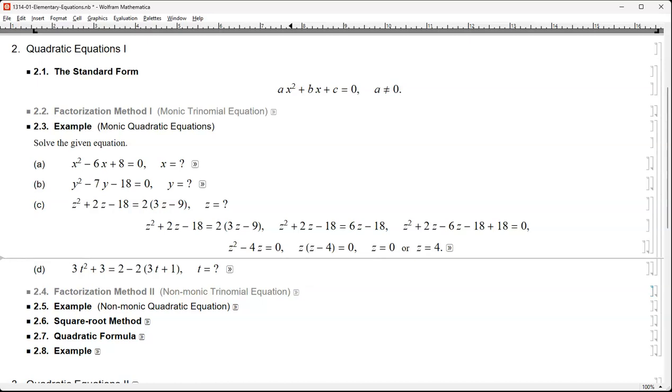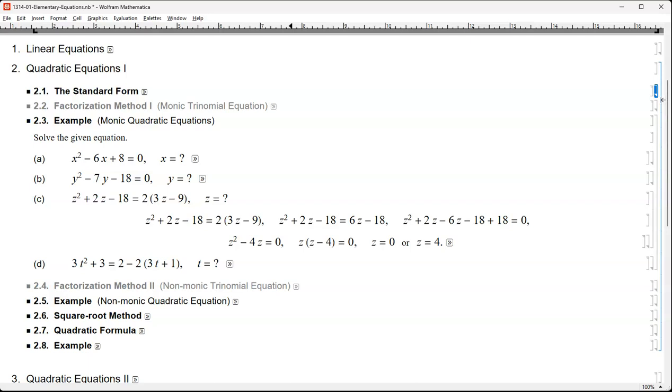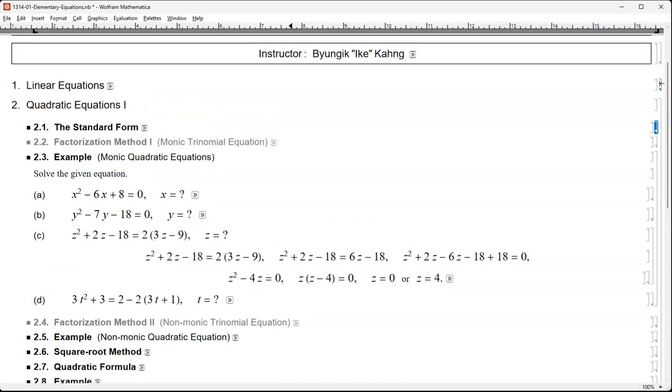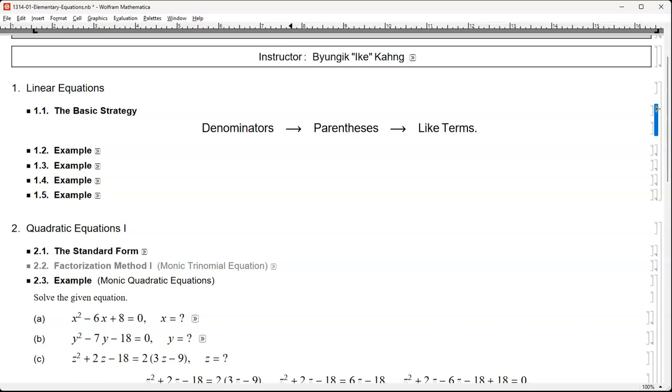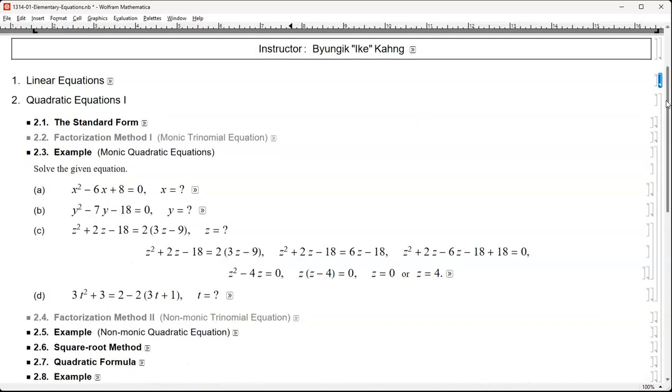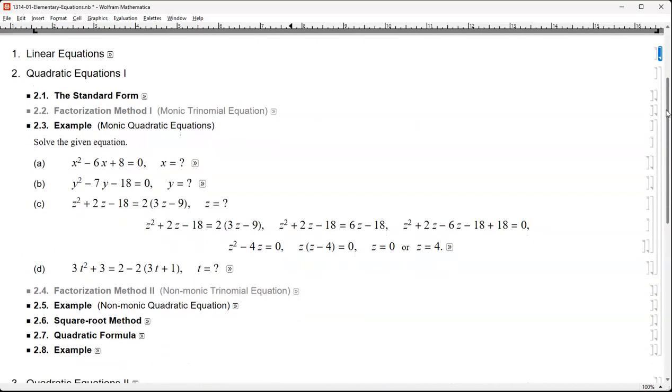And what did I do basically? I just did this. Denominators number 1, parentheses number 2, like terms number 3. Even for quadratic equations that has to be manipulated into standard form, x squared plus bx plus c equal to 0 form, still you have to simplify in a way that you remove the denominators first, but here no denominators.